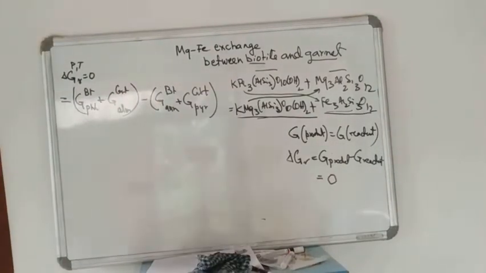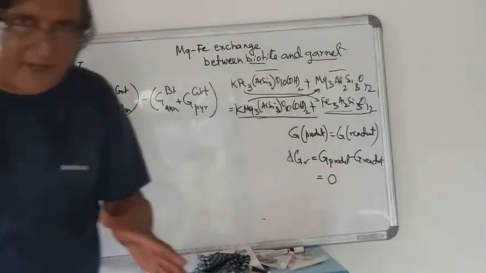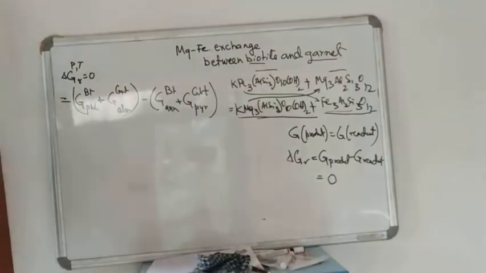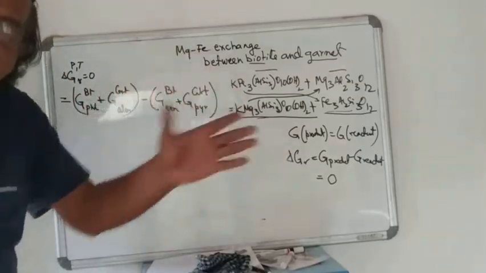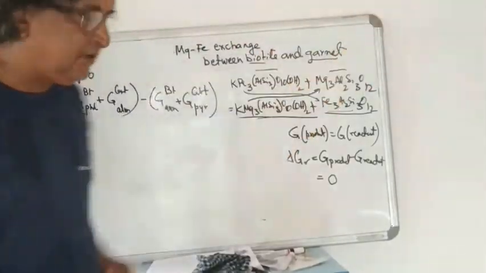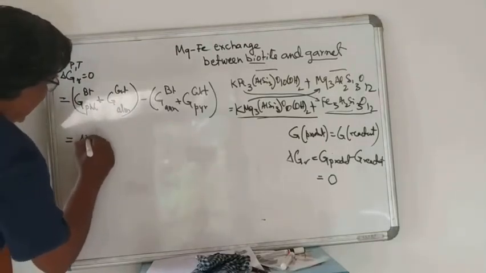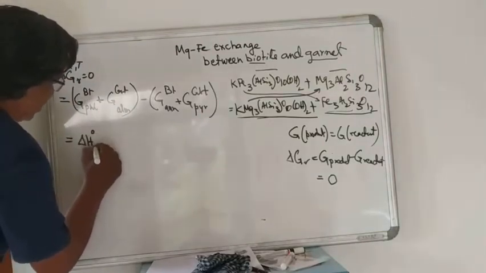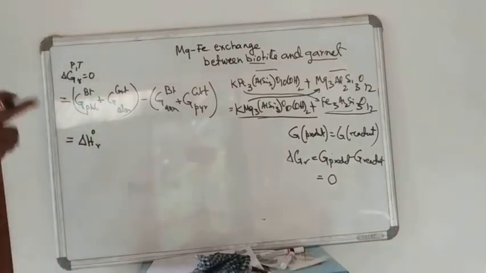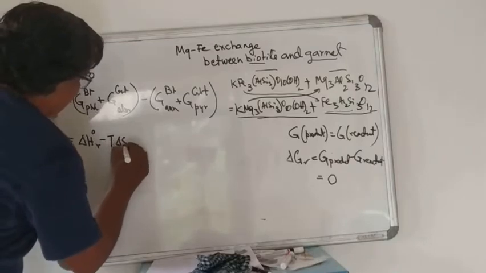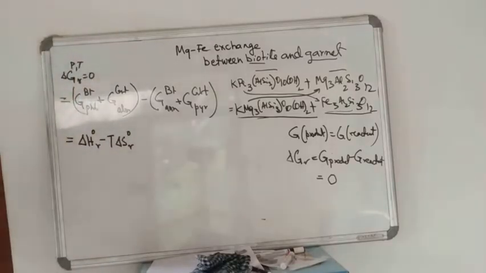Right? So now, for those 4 equations of state, instead of G phlogopite I can write G0 phlogopite, etc. That means I can now write delta H0 of the reaction minus T delta S0 of the reaction.